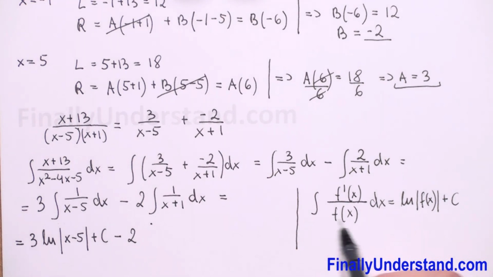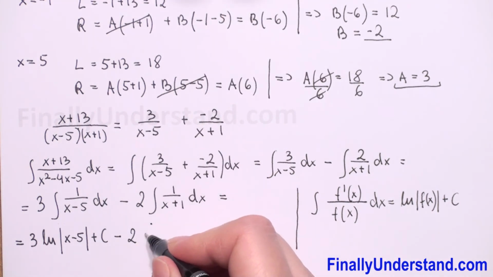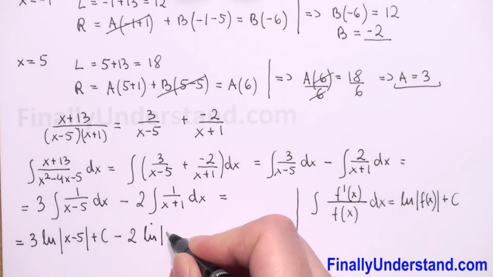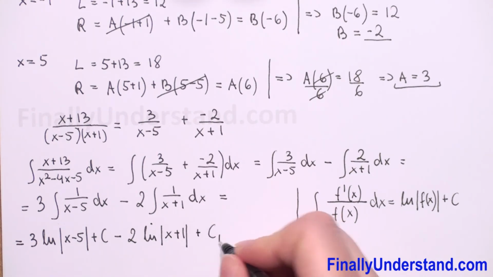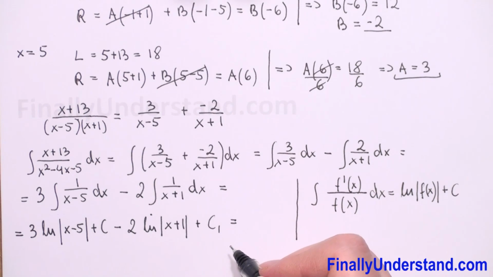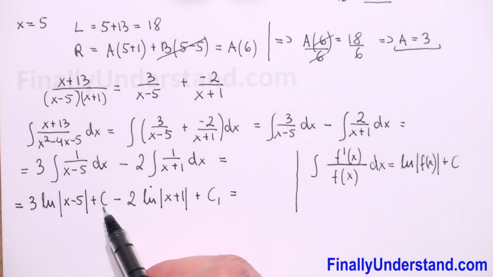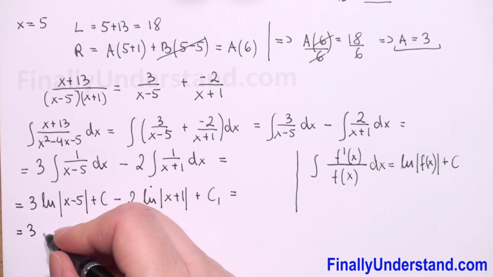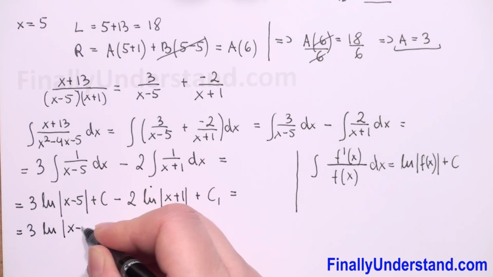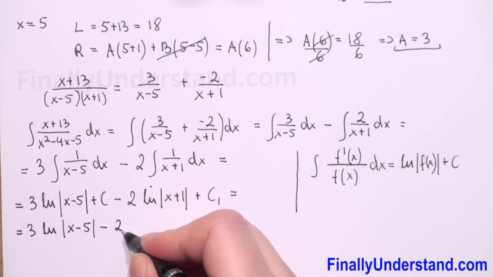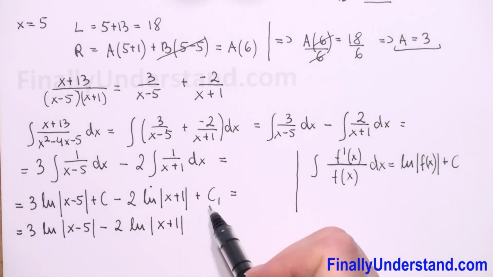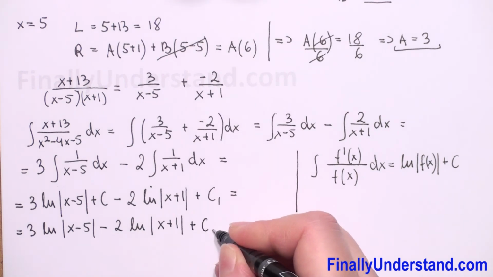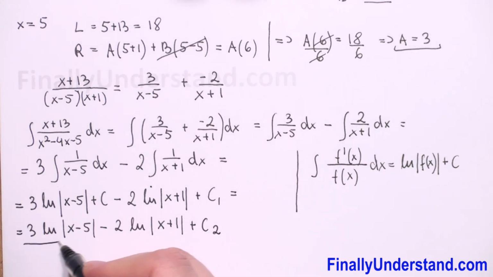So we can use this formula one more time. So it will be 2 times the natural logarithm of the absolute value of x plus 1, and we have to add a constant, now C1. So this is equal to 3 natural logarithm of the absolute value of x minus 5 minus 2 natural logarithm of the absolute value of x plus 1, and constant plus constant gives us a constant, so I can put C2. This is my solution.